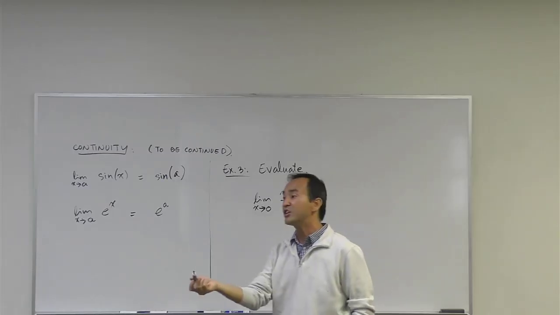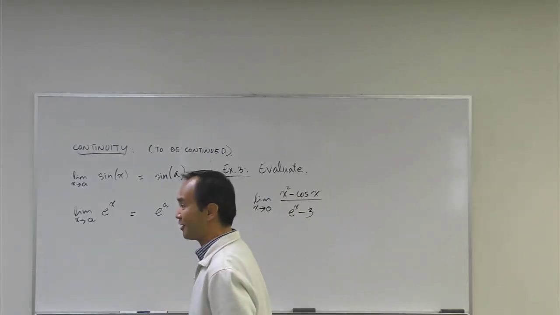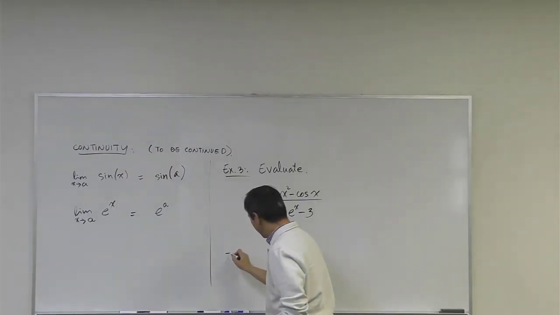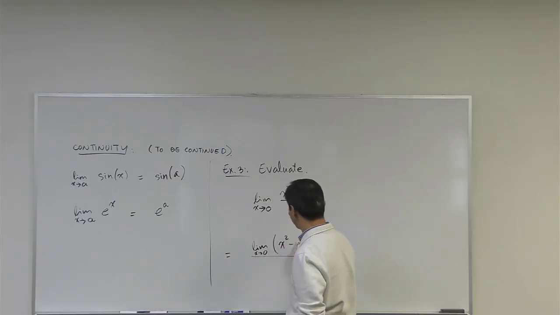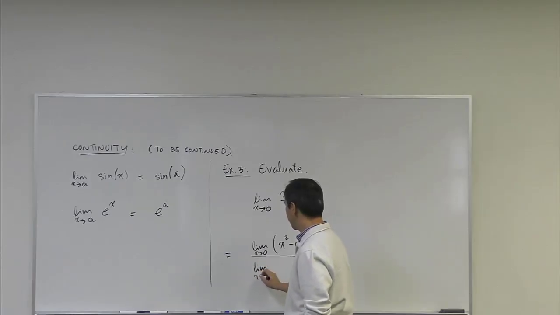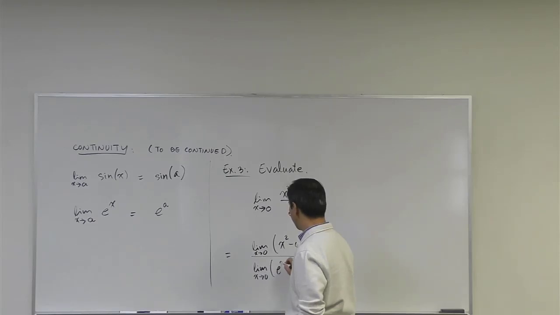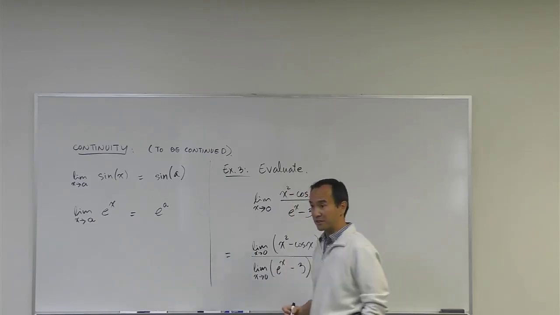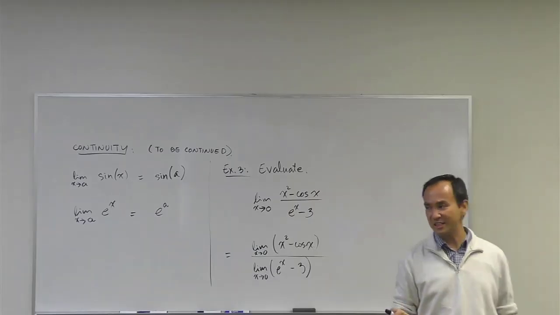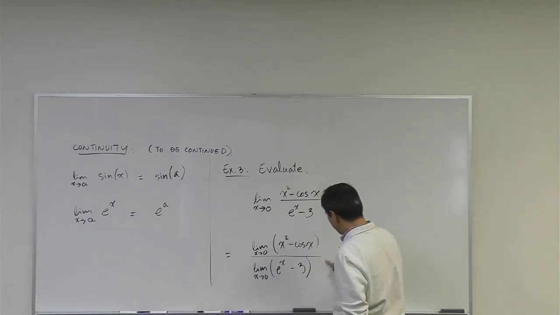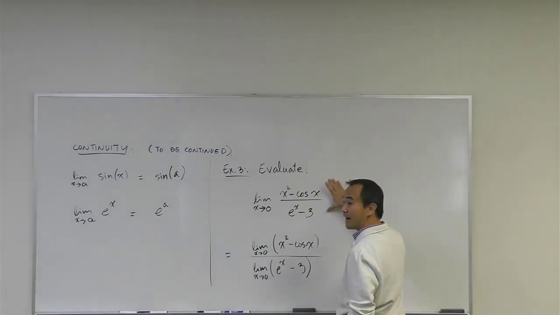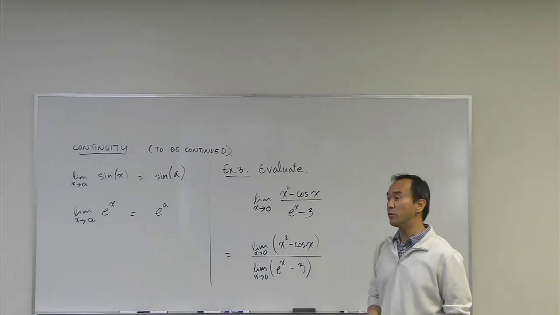So when we're unsure, let's just strictly follow the limit laws as usual. We take the limit as x gets close to 0 of x squared minus cosine of x, divided by the limit as x goes to 0 of e to the x minus 3. You all with me there? The entire reason I still strictly apply the limit laws to start is that I was unsure whether our function is entirely continuous.